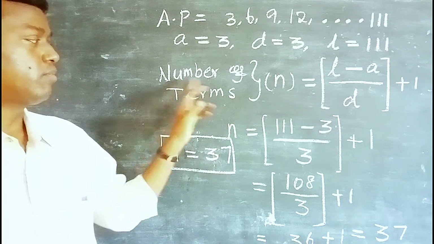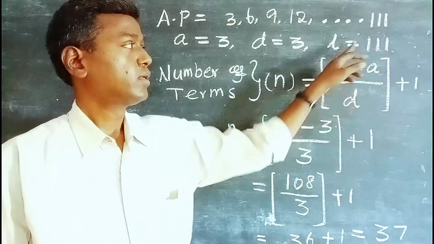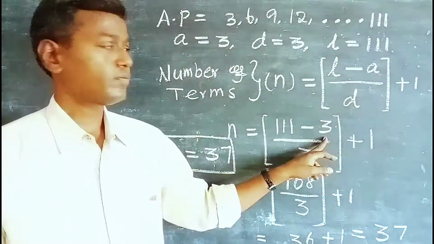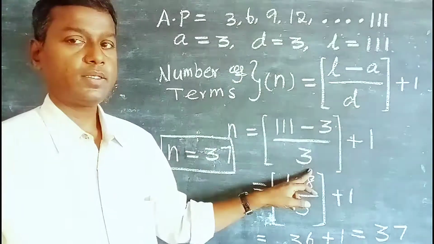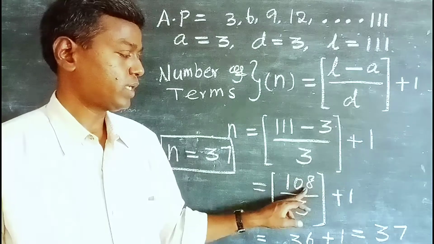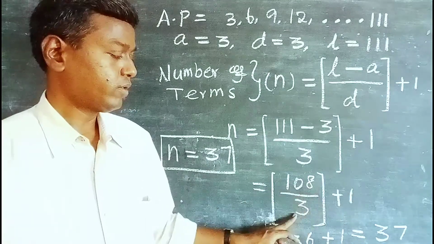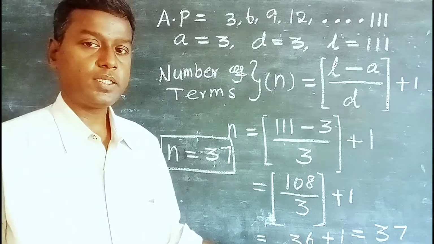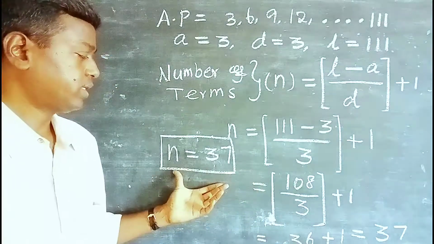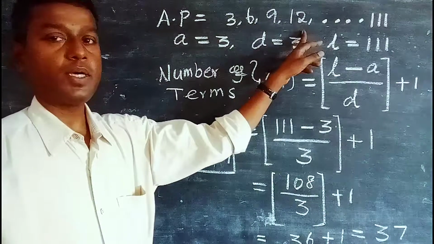That is the number of terms in the arithmetic progression. L value 111, A value, the first term, 3, D common difference 3. Substitute: 111 minus 3 is 108, divided by 3, plus 1. 108 divided by 3 equals 36. 36 plus 1 we get 37. 37 is the n value, that is the number of terms in the given arithmetic progression.